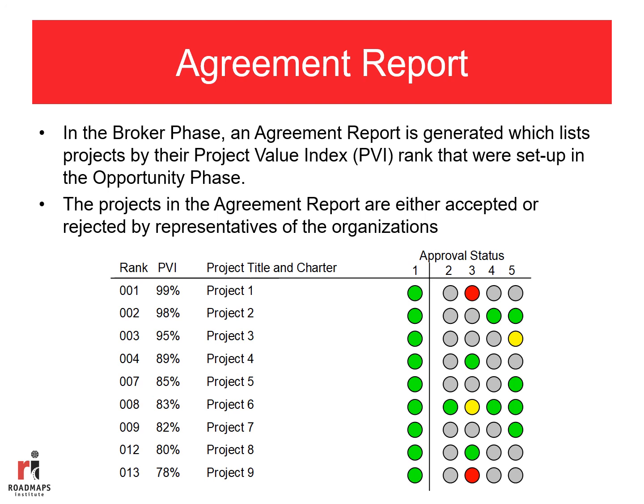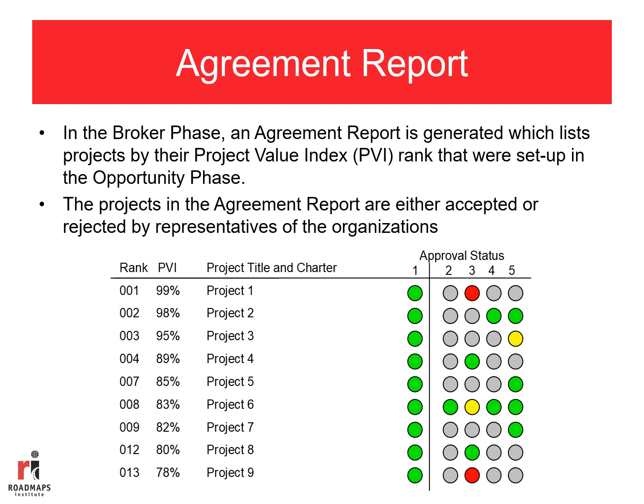And in this case, the first organization, or the organization which is actually viewing the agreement report at this time, is Organization 1. And they have approved essentially every project at least listed on this particular slide. You can see that by the column of green circles underneath the 1 under approval status.